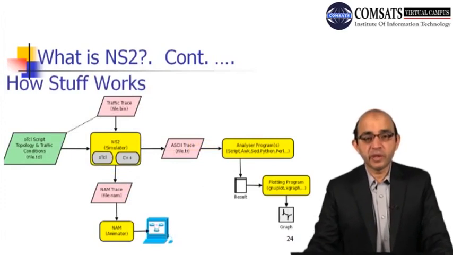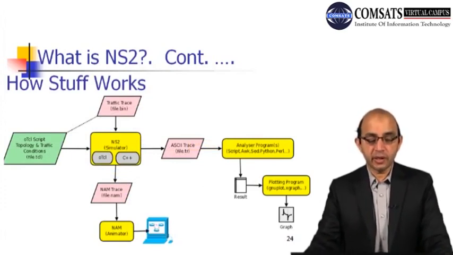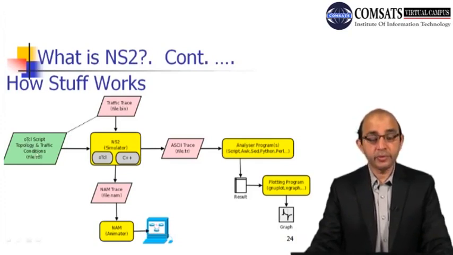Here we have the image graphically showing how NS2 works. You can see we have a scenario, topology, and traffic conditions, and that is developed by using TCL, right? So this is some file.tcl.